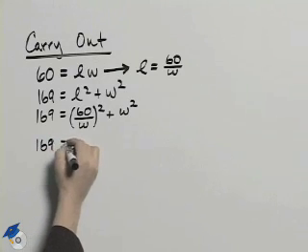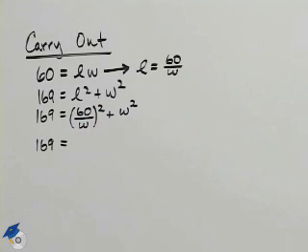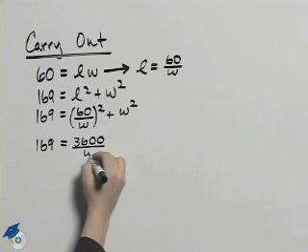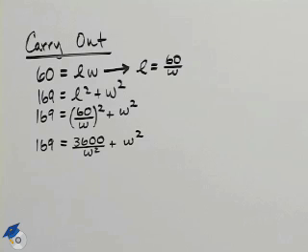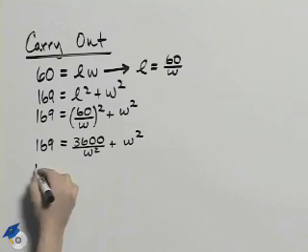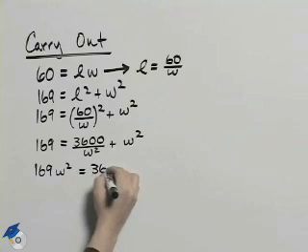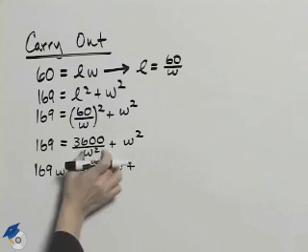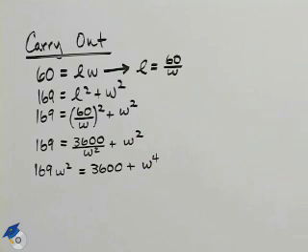Simplifying a bit gives us 169 equal to, now we need to square 60 and the W. 60 squared is 3600, and then W squared is W squared, so we'll have plus W squared. I'll multiply through by the common denominator, which is W squared, so that will give us 169 W squared equals 3600, because the W squareds divide out in this term, and then W squared times W squared is W to the fourth.